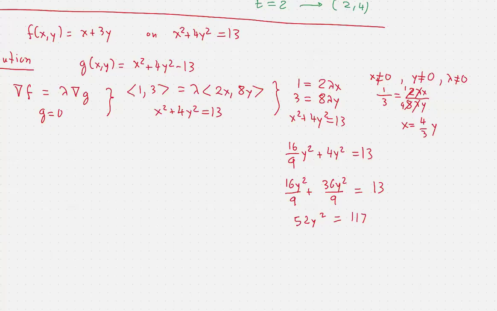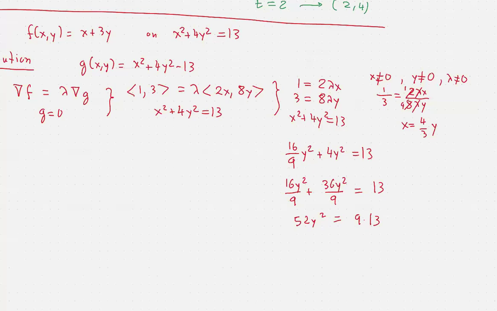Yeah, so I guess before rushing to simplify things here, we could have done, so we have 9 times 13. Notice that 52 is equal to 4 times 13.